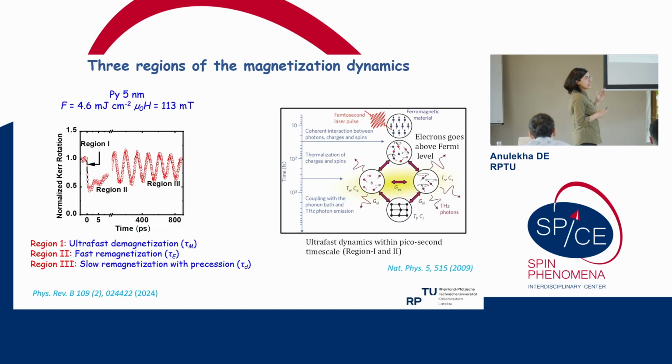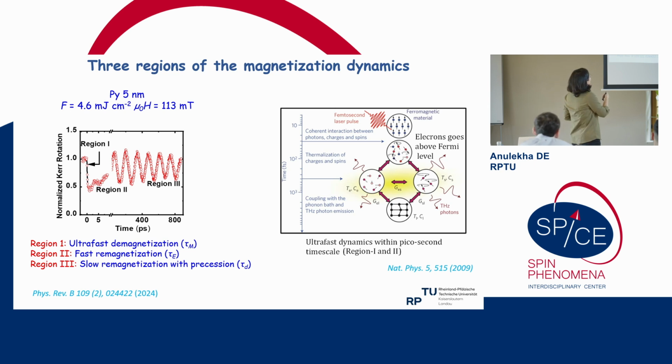As I talked about the 3 different regions of magnetization dynamics, here is a typical experimental result. This is the result from the 5 nanometer permalloy sample at a particular pump fluence and applied magnetic field. In region 1, it is the ultrafast demagnetization, which occurs within the first few hundreds of femtoseconds.